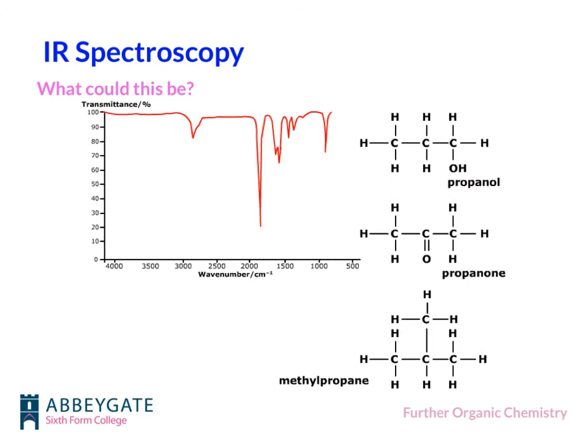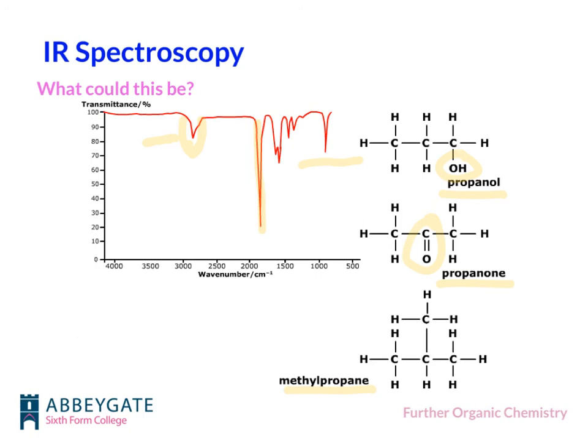So this is the final spectrum we're going to look at in the video. We're told it's a choice between propanol, so an alcohol again, propanone, a ketone, or methylpropane, which is an alkane. So if we have a look at the spectrum, we can see our fingerprint region. We can see we've got this sharp peak, sort of about 1750. And we've got a peak around 2800-ish. And we don't have anything where we might expect to see an alcohol.